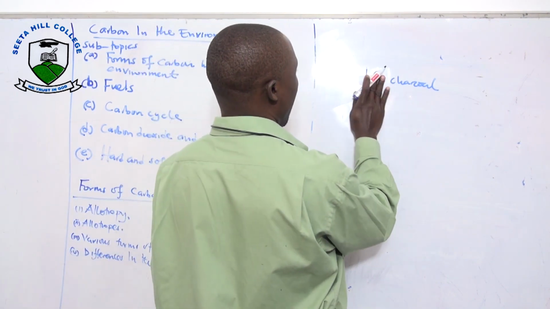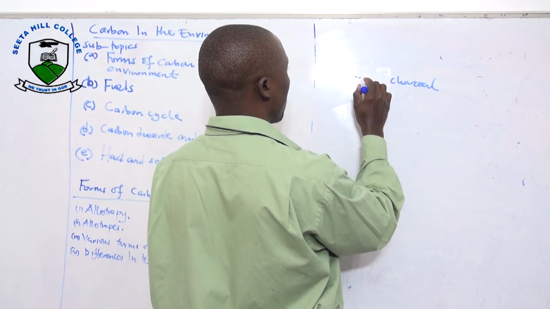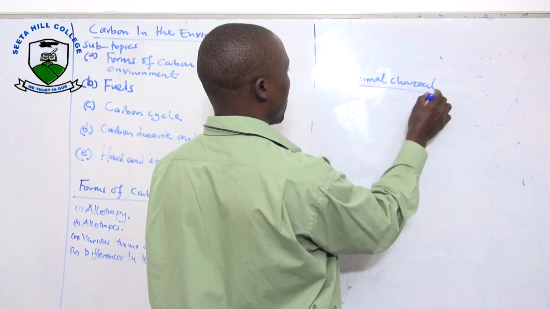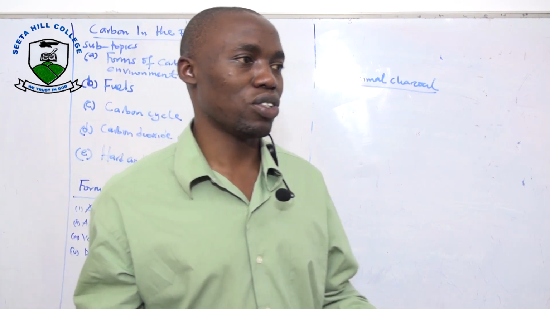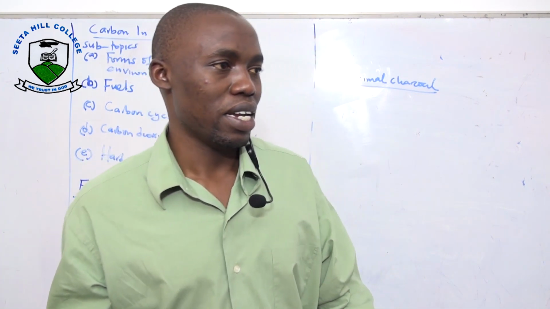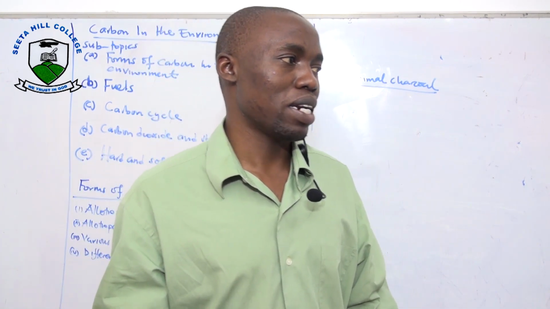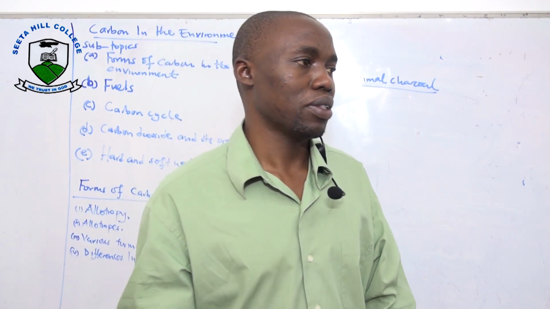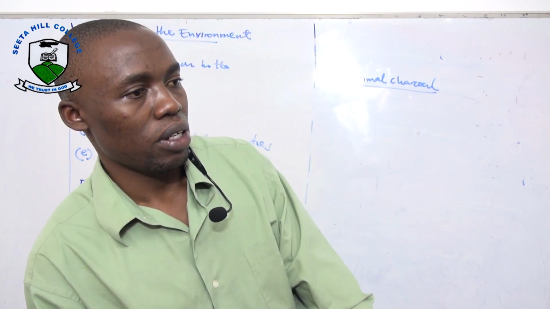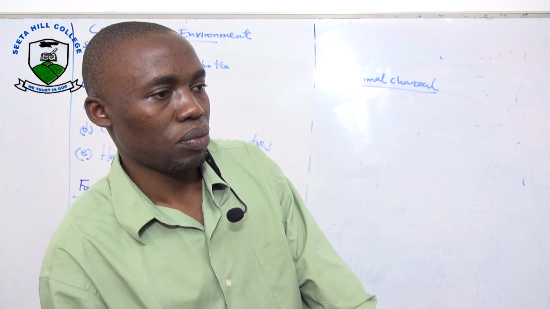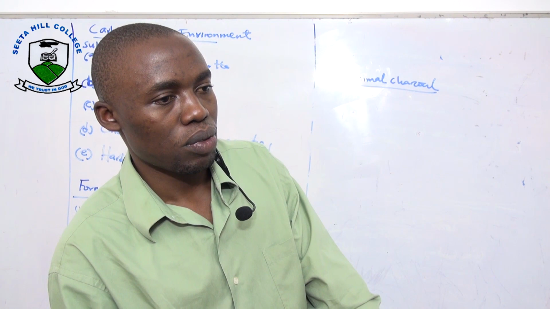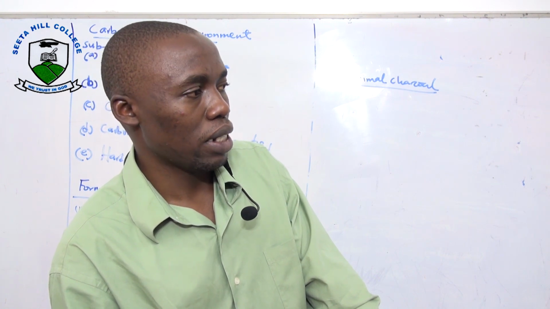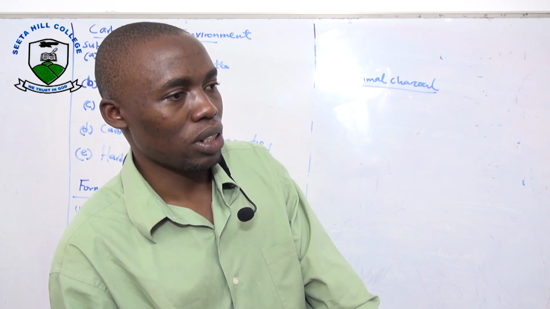Animal charcoal. Any charcoal is made by burning things in absence of air. When they burn animal materials, like bones, they will make animal charcoal. And you realize that sugar factories use animal charcoal.